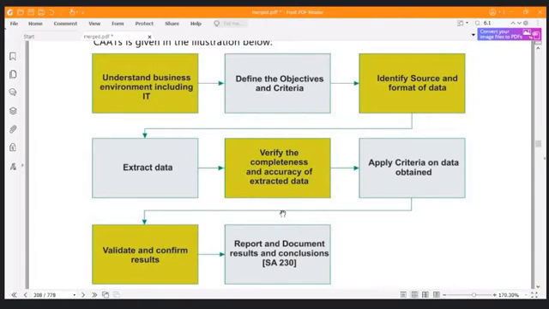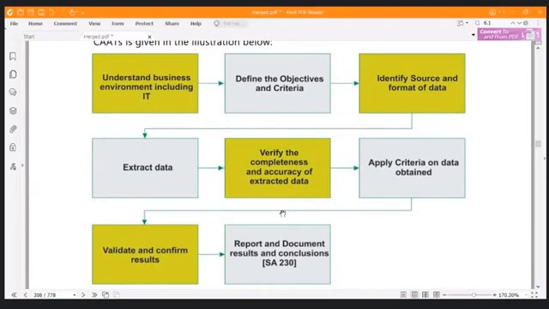And then, once you understand the organization, you define your own objectives and criteria, then identify source and format of data. This is required because we are dealing purely with IT data. Where is this data coming from? Some accounting softwares are very data analytics friendly. They are designed in such a way. Nowadays, most of the new software are like that.